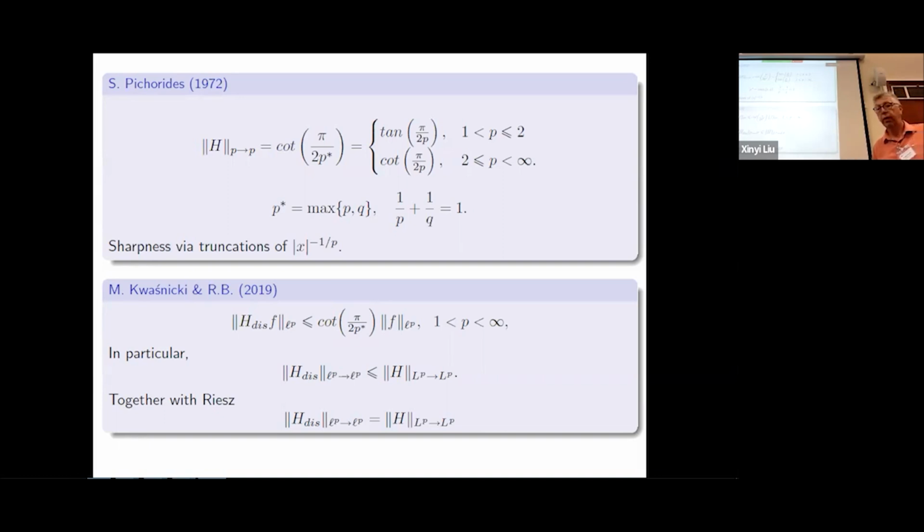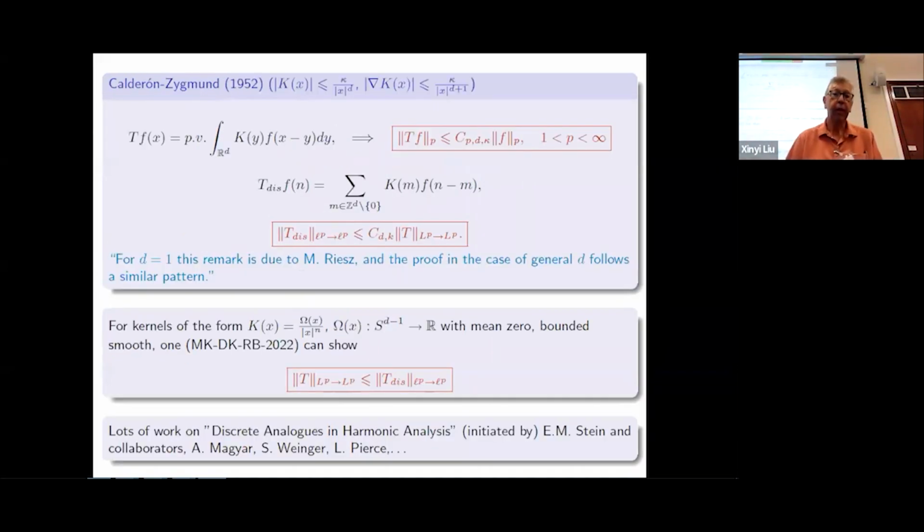So I want to give you a little bit of an idea of how this is proved. However, before I do that, I would like to tell you about another problem in higher dimensions that occurred a little bit later. There's this famous paper of Calderón and Zygmund, where they began the Calderón-Zygmund theory in 1952.